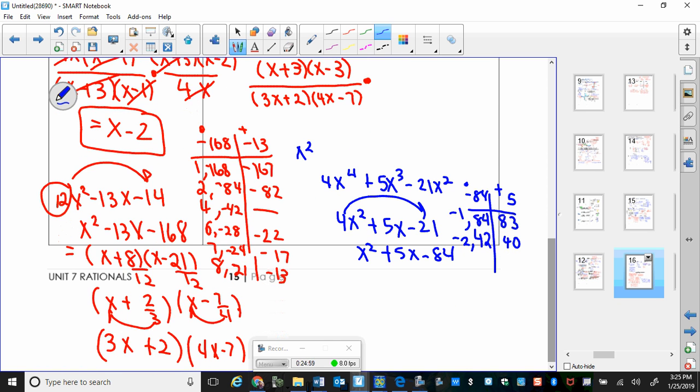I'm going to try negative 3. Oh, I think I did that last one wrong.